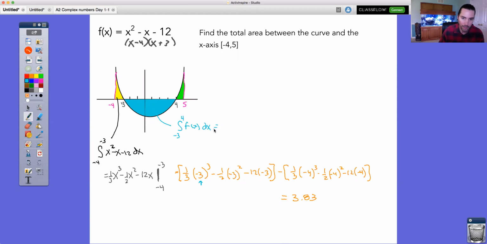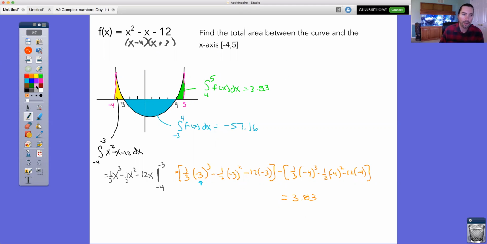I'm going to save you time and tell you that it is -57.16. I would get a negative answer because it's below the y-axis. And then the last one in green, I'm going to integrate from 4 to 5, f of x with respect to x. I will get 3.83 again.